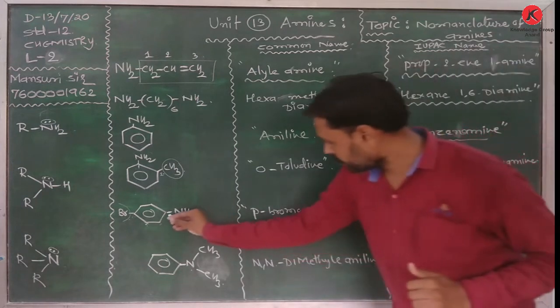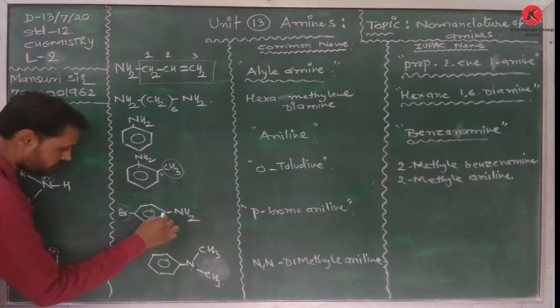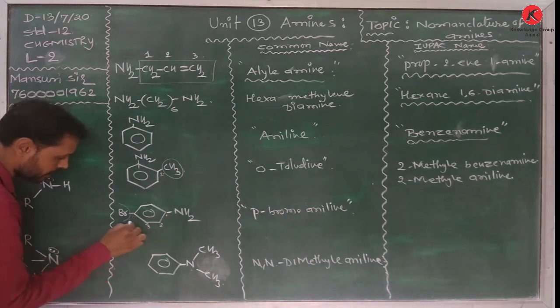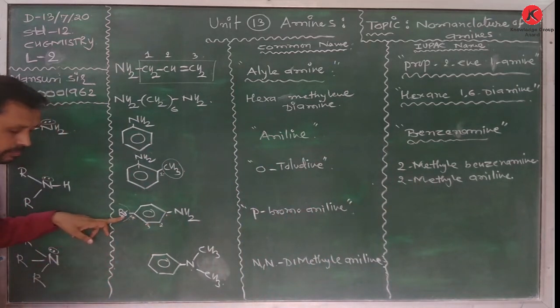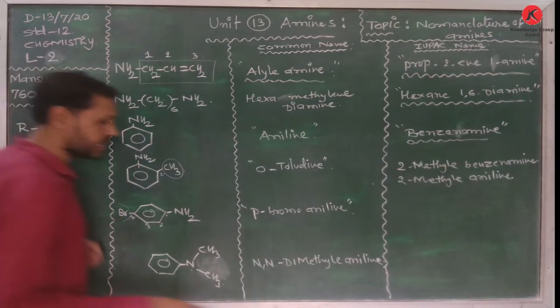Thereafter, this is amino, this is bromo. Now we can say this is first number, second number, third number, this fourth number. The fourth number carbon contains bromo. So 4-bromo benzeneamine is there, or 4-bromo aniline.